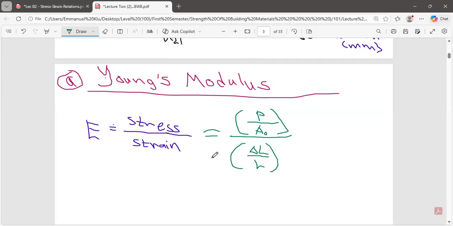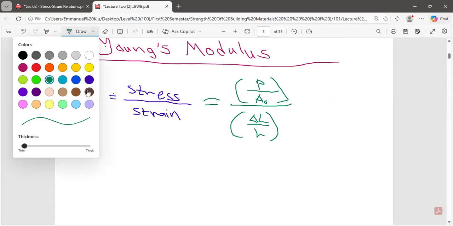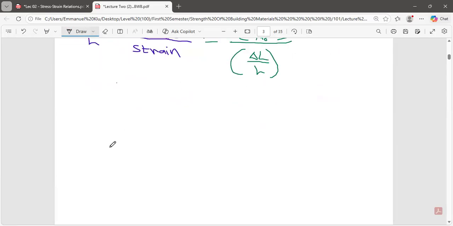So let me rewrite this well, and then we use this to solve our question by substitution. Good, we are good to go.